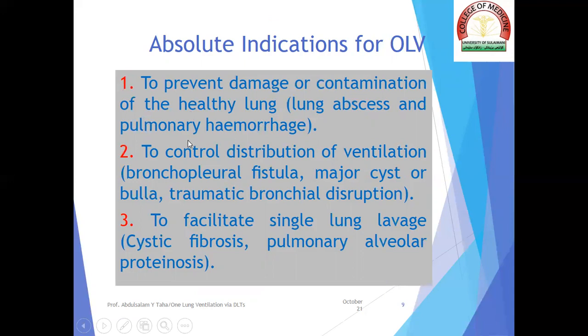Number two, to control distribution of ventilation, such as in bronchopleural fistula, major cyst or bulla, and traumatic bronchial disruption. Number three, to facilitate single lung lavage in some diseases such as cystic fibrosis and pulmonary alveolar proteinosis.